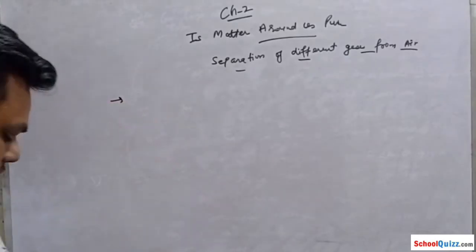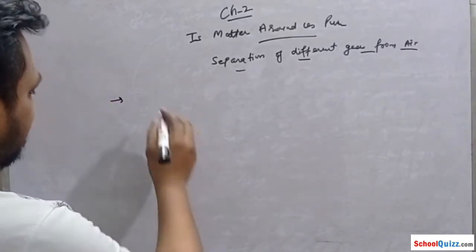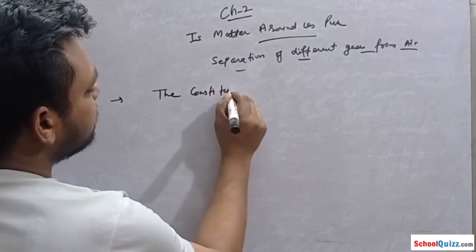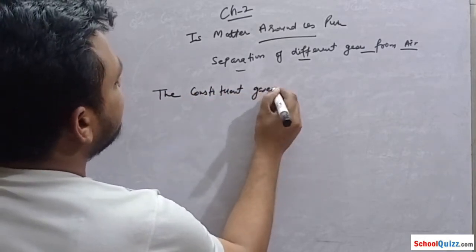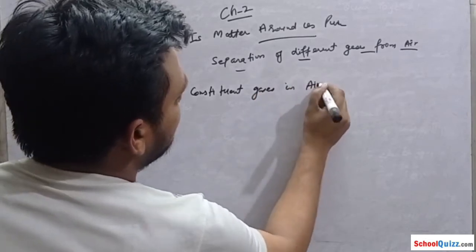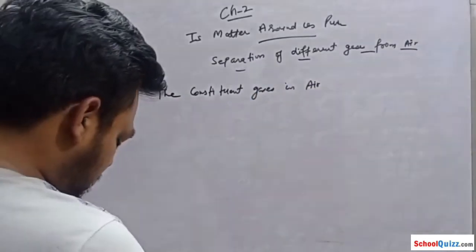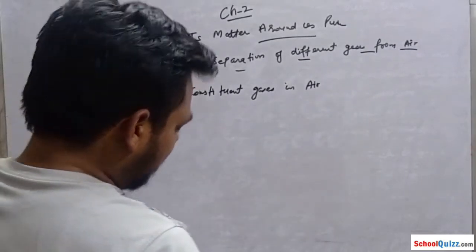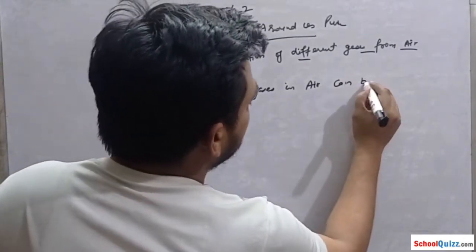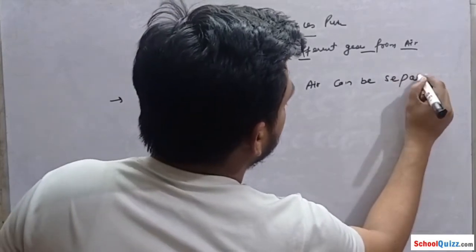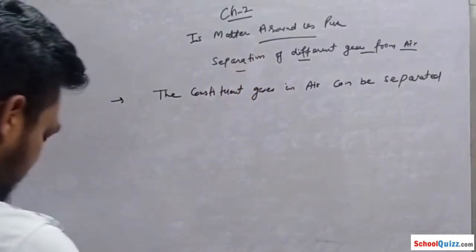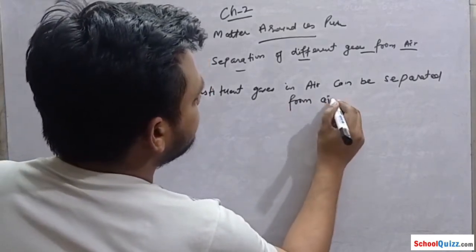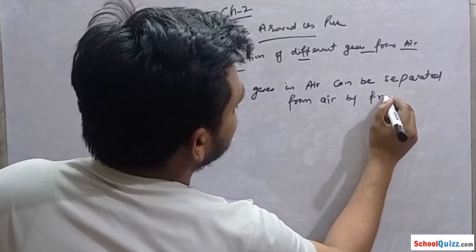First of all, we will use 2 major points. First one is the constituent gases in air. The constituent gases in air can be separated from air by fractional distillation.